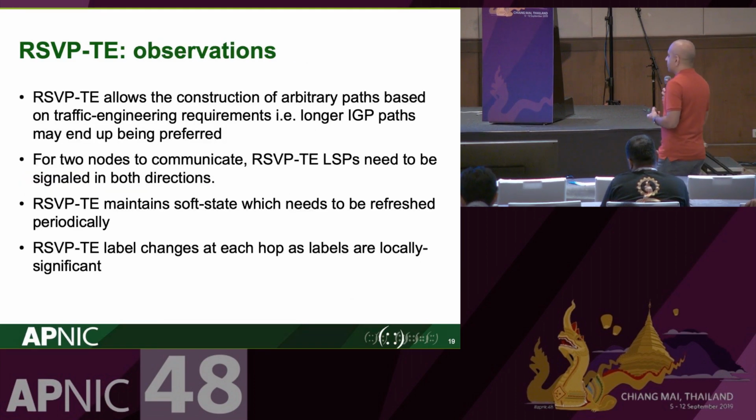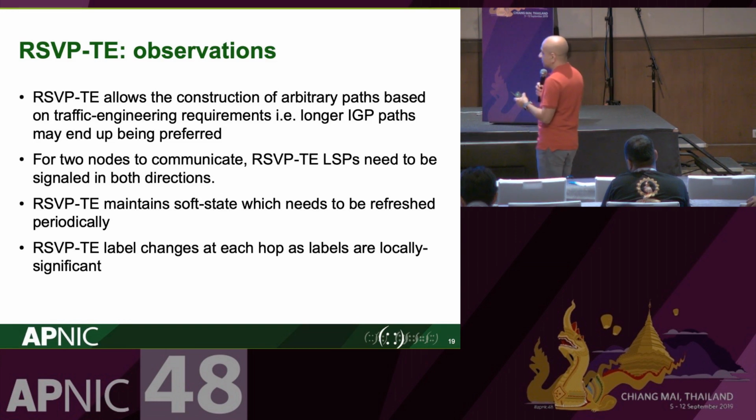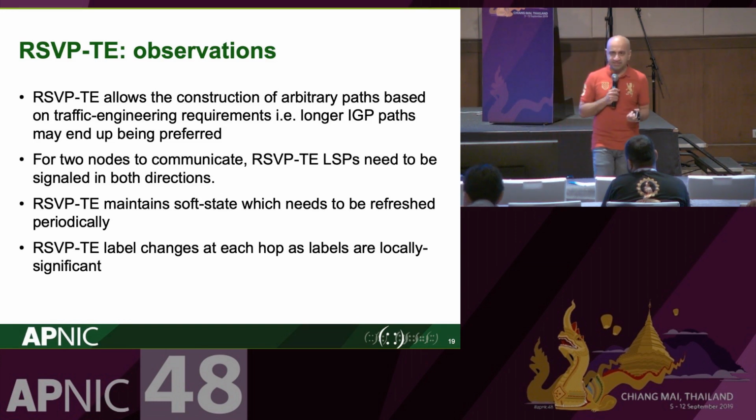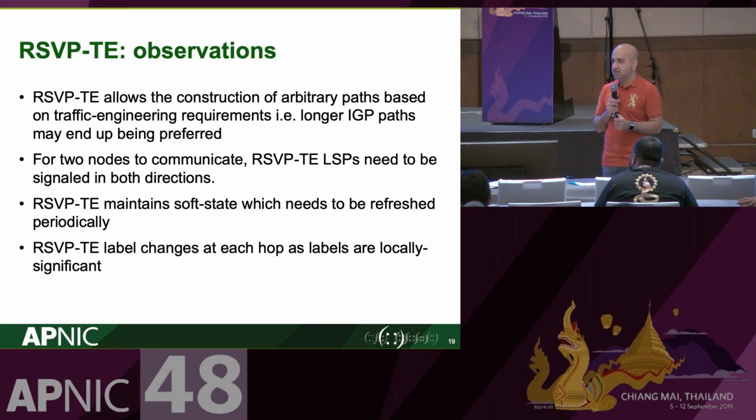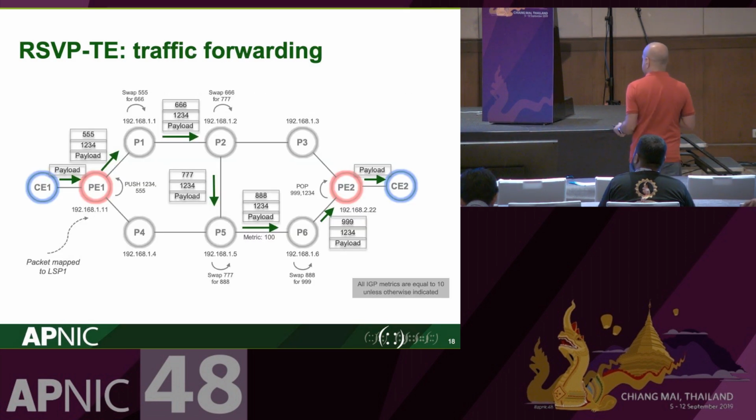So some observations on RSVP-TE. It's a bit like LDP. The label changes at every hop, but it's not like LDP in the sense that the more RSVP tunnels you have, the more state you are creating. And in fact, let me just go back to the last diagram here. So remember the LDP example where we had one label that was assigned by PE2 for itself.